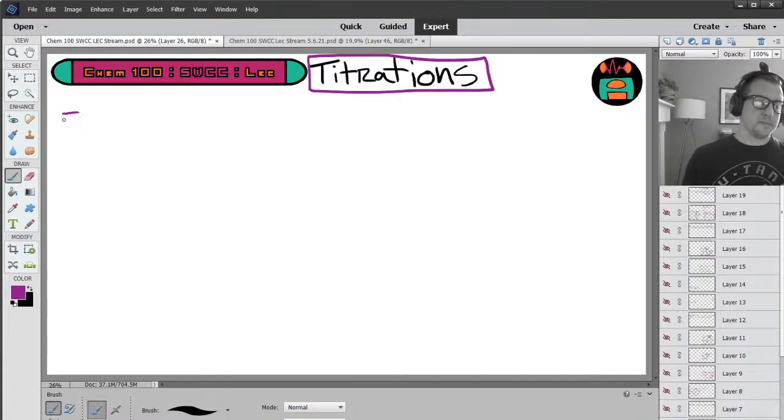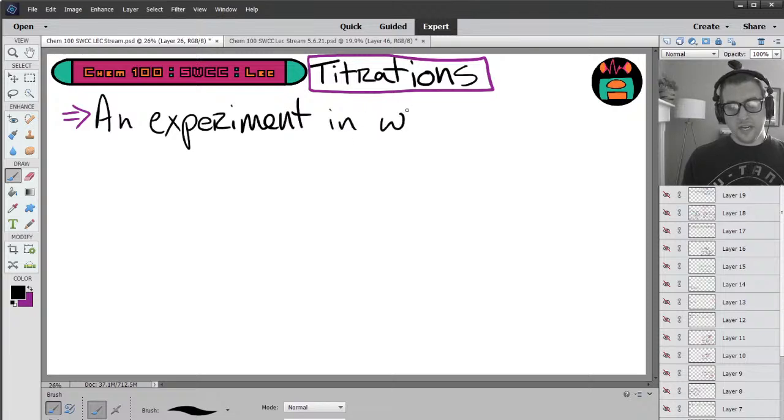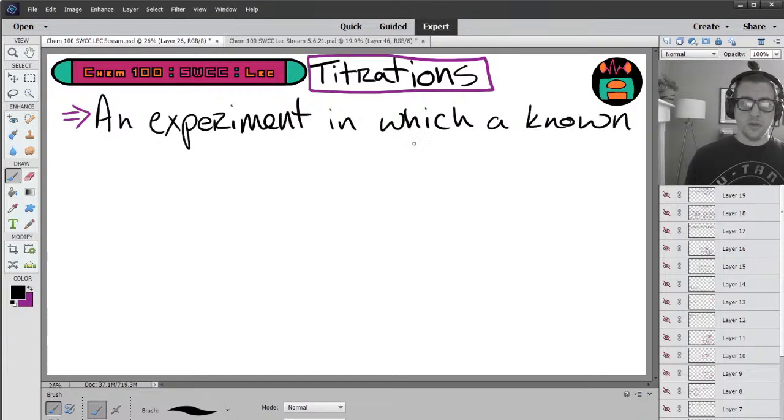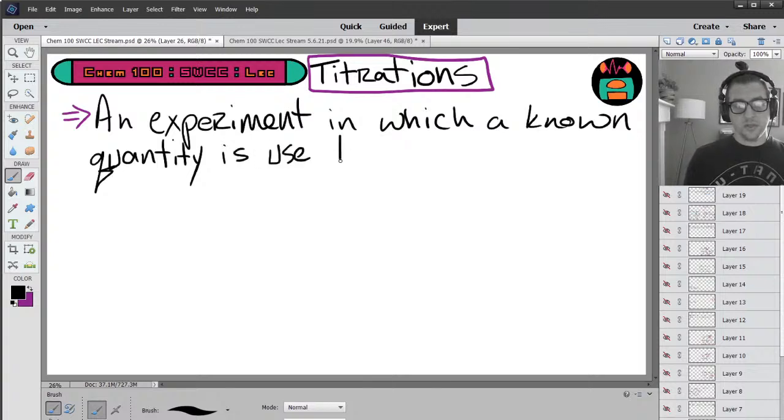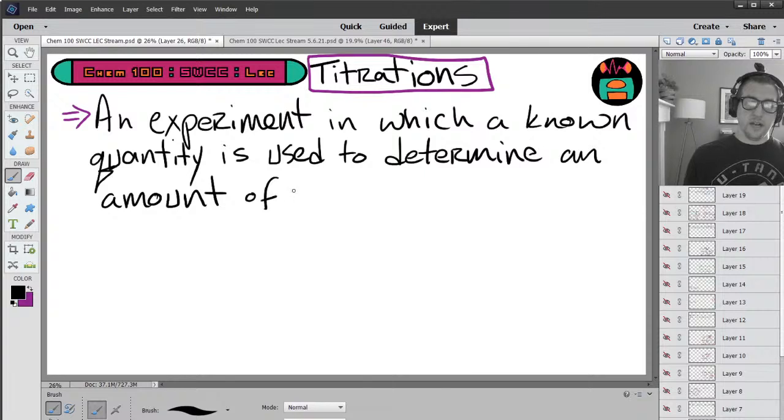Very vaguely, it's an experiment in which a known quantity is used to determine an amount of unknown.